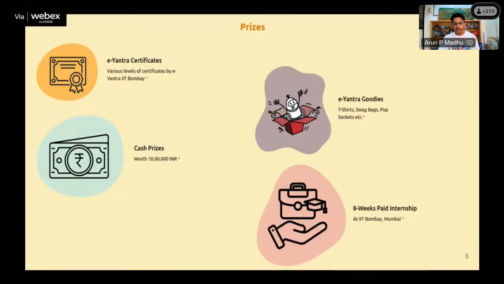And the main thing is, if you reach the finals of the e-Yantra Robotics Competition and show yourself to be competent enough, you will be interviewed for an 8 week paid internship here at e-Yantra in IIT Bombay, where you will work on cutting edge technology. That is the sweetest thing you get at the end of EYRC.